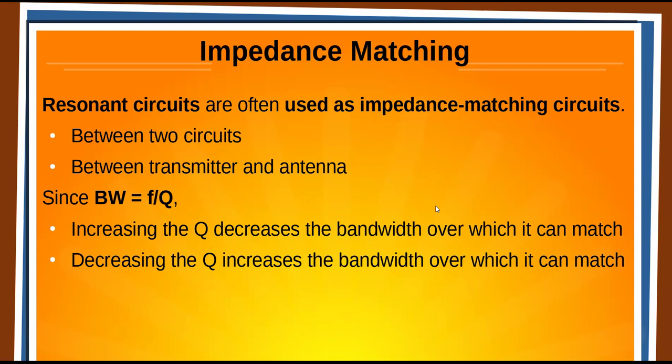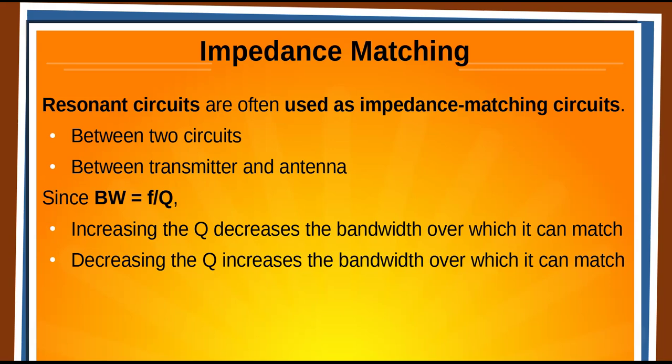Okay, so sometimes they use resonant circuits to do impedance matching. In that case, you have to consider what the bandwidth is, whether you're trying to match a wide range or a narrow one. And it's going to determine what the Q of the components are.